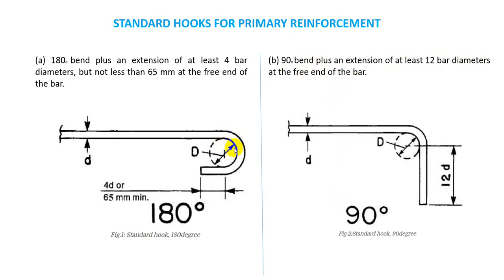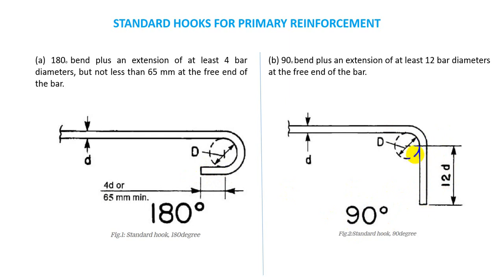So if we use a 180-degree bend, then we have to give 4D or a minimum 65 millimeter extension hook. But if we provide a 90-degree bend, then we have to give a 12D extension hook. Okay, is it clear to you?